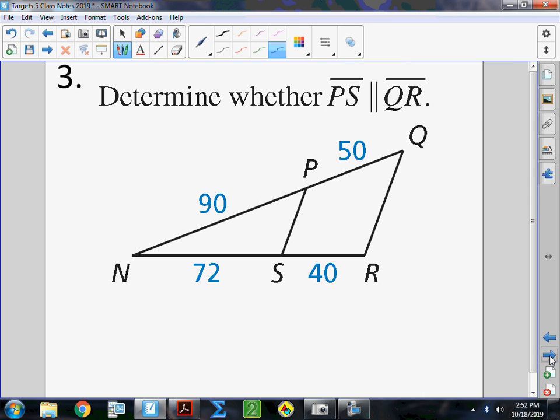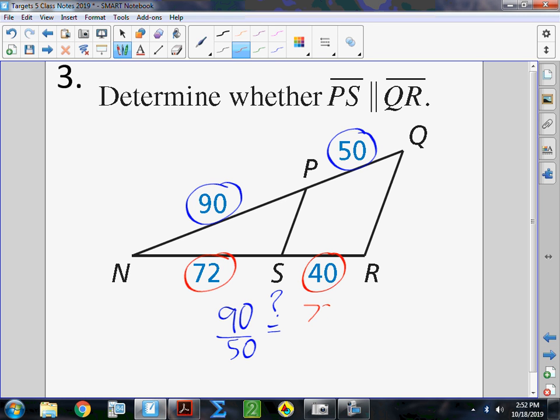And then the last problem, number 3, using the converse, determine whether the lines are actually parallel. So the way we check for that is doing the same thing we did on the last problem. We need to show that 90 over 50 does in fact equal, so I'm putting a question mark because maybe it does, maybe it doesn't, equal 72 over 40. So again, I did left over right of my top segment and then left over right of my bottom.